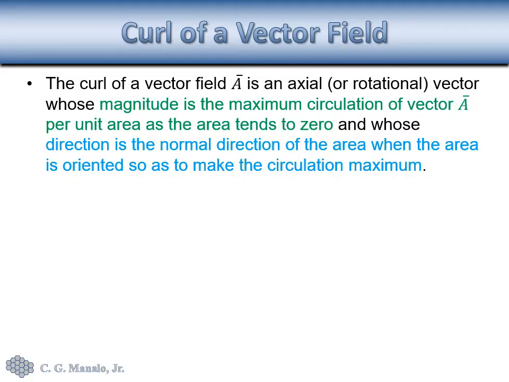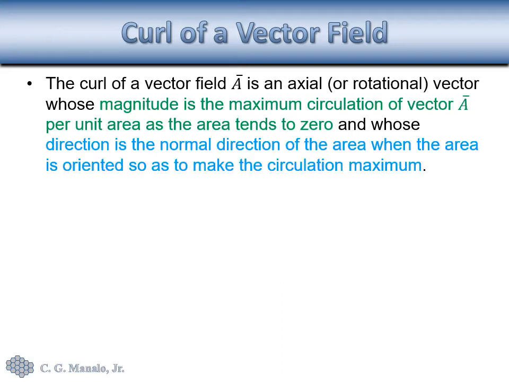So let me read the curl of a vector field A. A curl of a vector field A at any particular point is actually a vector, an actual vector. And being a vector, it has a magnitude and a direction. So the magnitude is stated here as the maximum circulation of vector A per unit area as that area tends to go to zero.